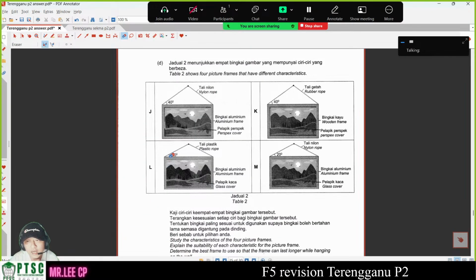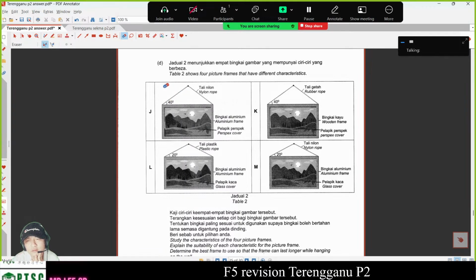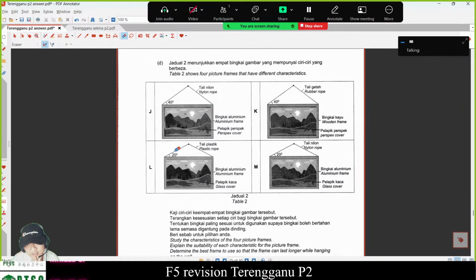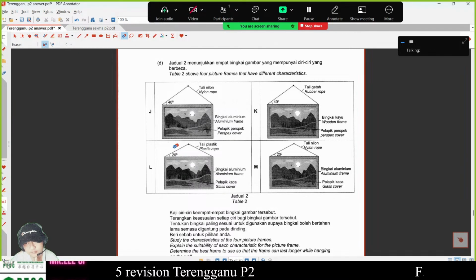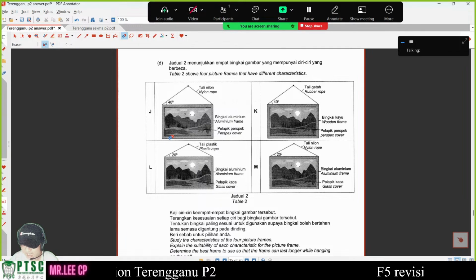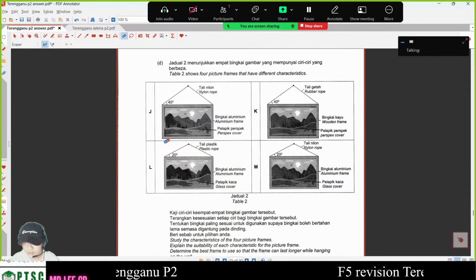But I don't know why 20 sine. The smaller the angle, the less the tension. How do I know? Because I have done many of this kind of experiment in school.